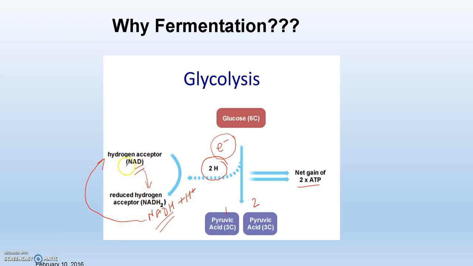So there has to be an alternate pathway to reconvert NADH to NAD. Therefore, we have fermentation. Fermentation will convert this NADH back to NAD in the absence of oxygen, or in the absence of aerobic respiration.